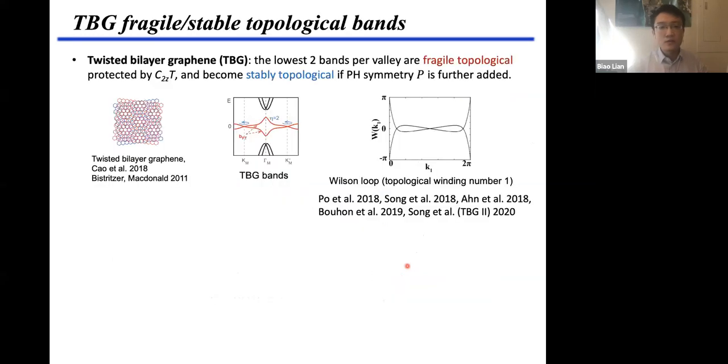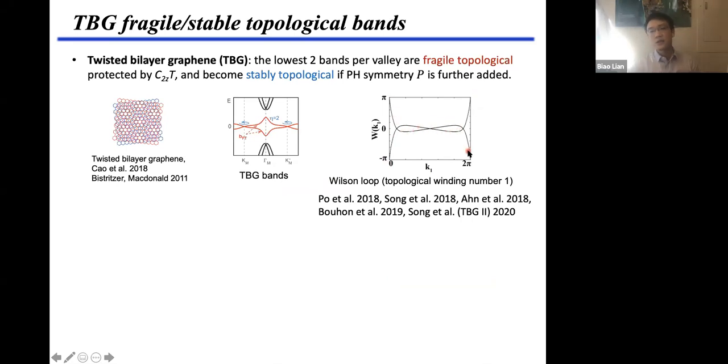Okay, another example I want to mention is twist bilayer graphene, which actually has a fragile topology, as many people have studied, including us. I will not explain in detail what this topology is, but just to mention that in the twist bilayer graphene case, the lowest 2 bands of the system at 1 valley have a non-trivial Wilson loop winding number.